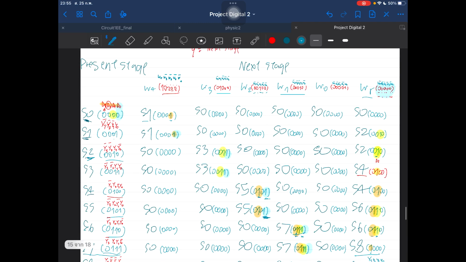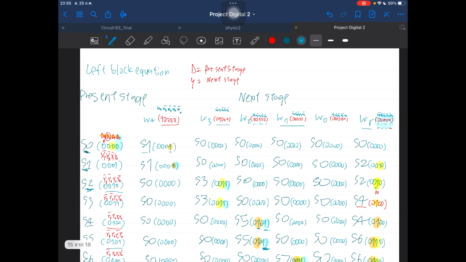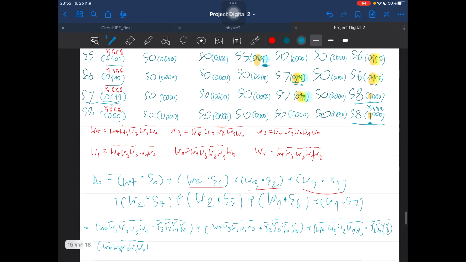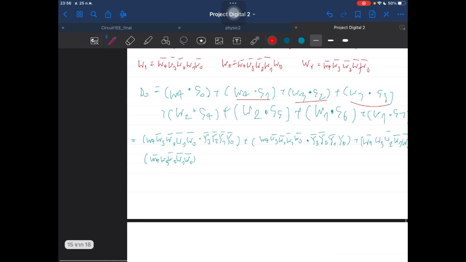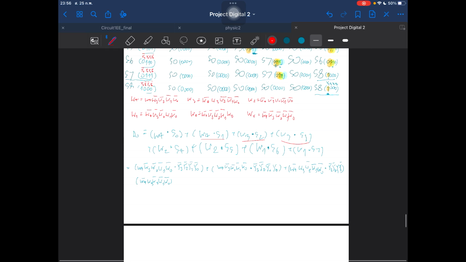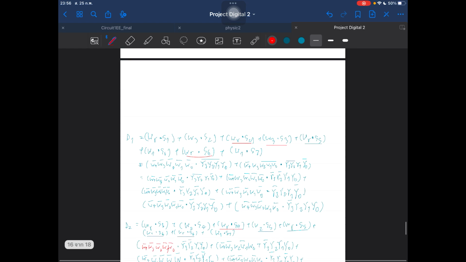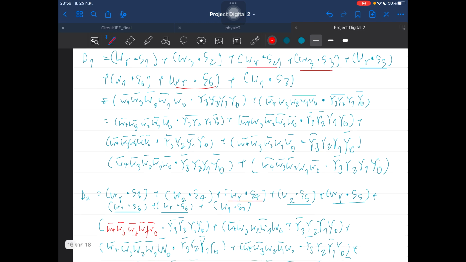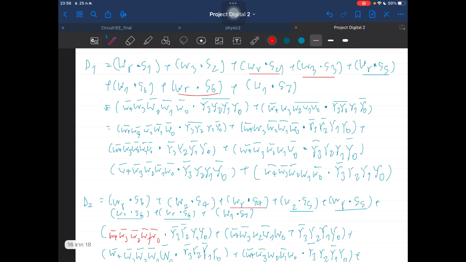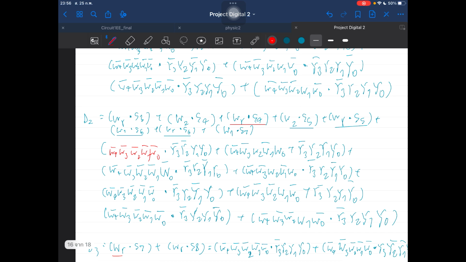Wait a minute, I want to check a little bit. I want to check again W2, all of the equations first. No, only D2 and D1 first. Wait a minute. In here.